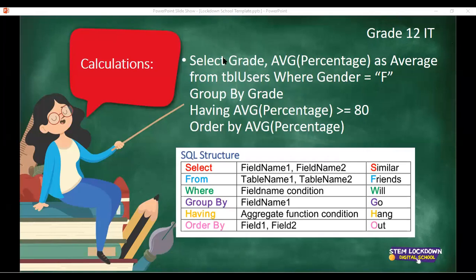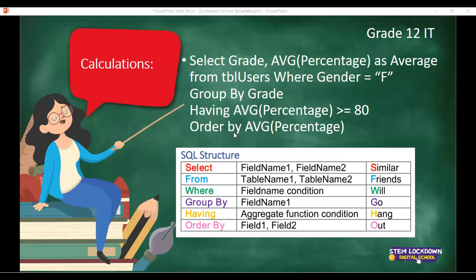So I have select from, where the gender is F, then my group by for grade. And in this example, I'm adding a condition on my aggregate function, so we need to have a having greater or equal to 80. And then finally, I have order by that average. So order by must always go last.